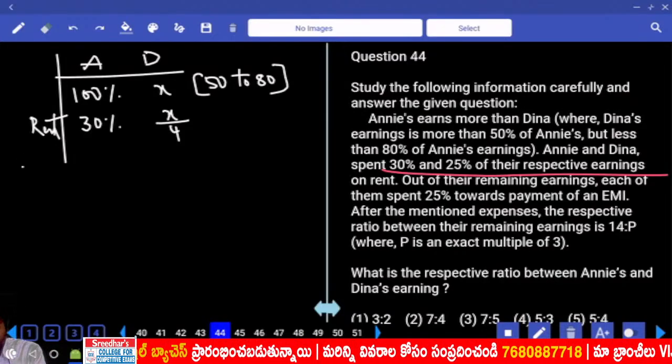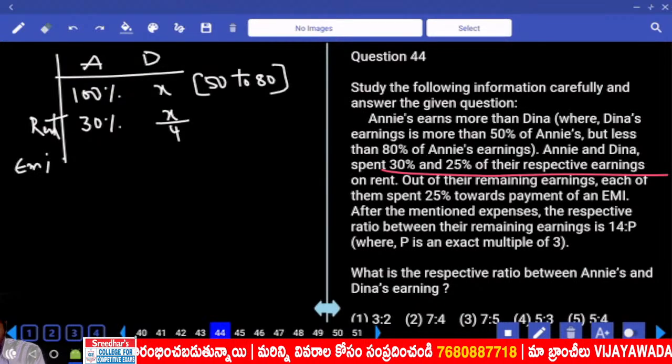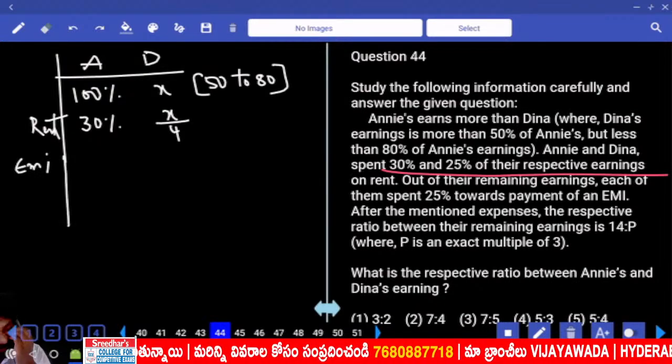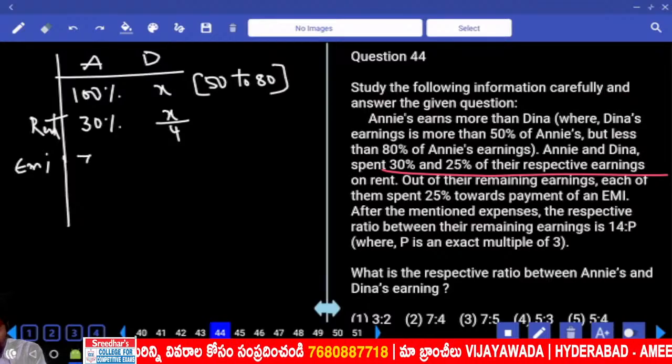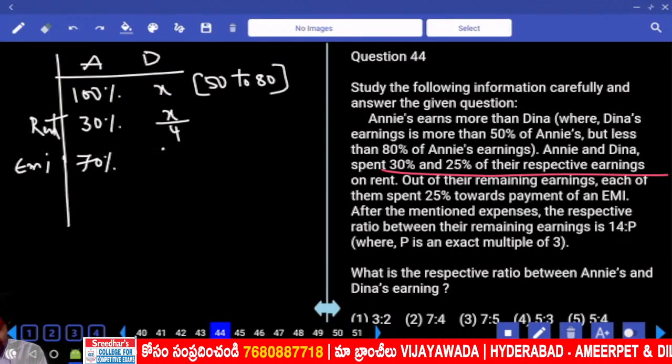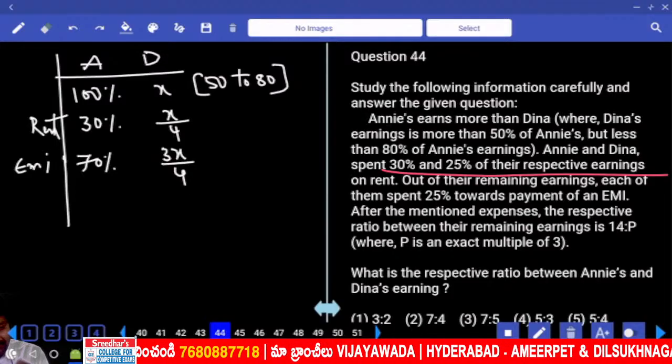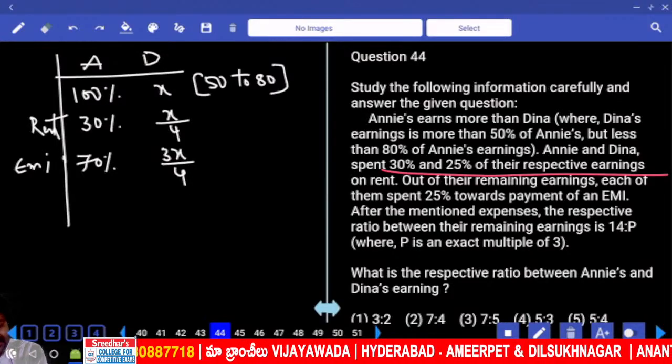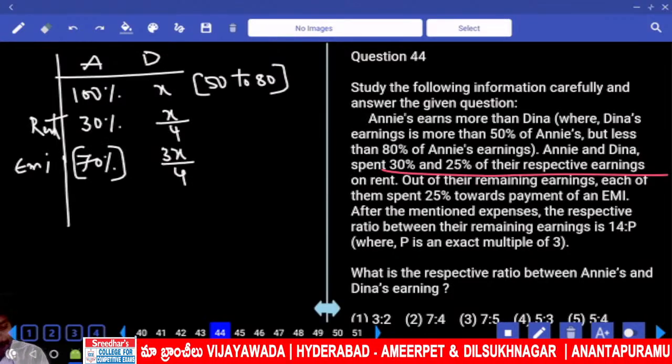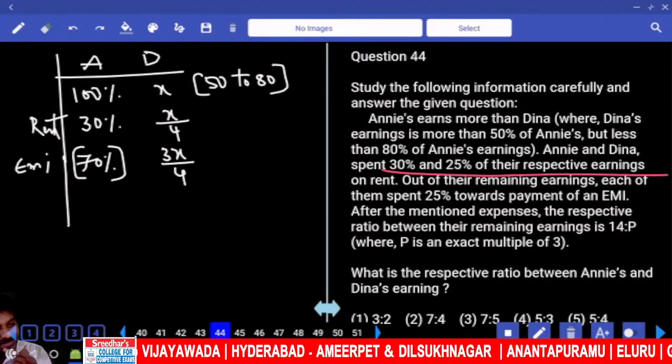So EMI amount. Remaining is 70%, 3x by 4. On this, how much is spent? 25%.